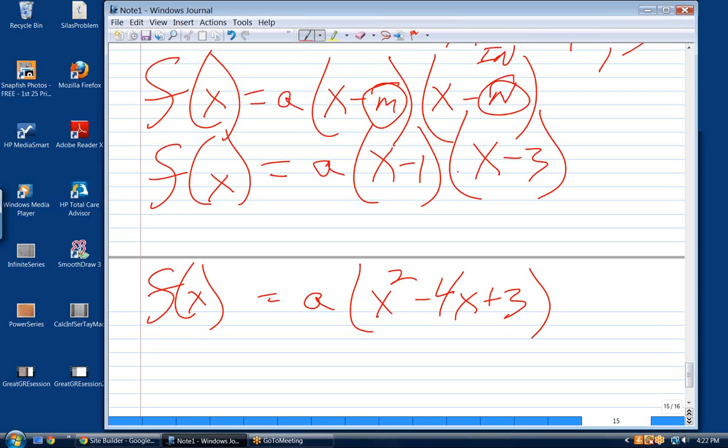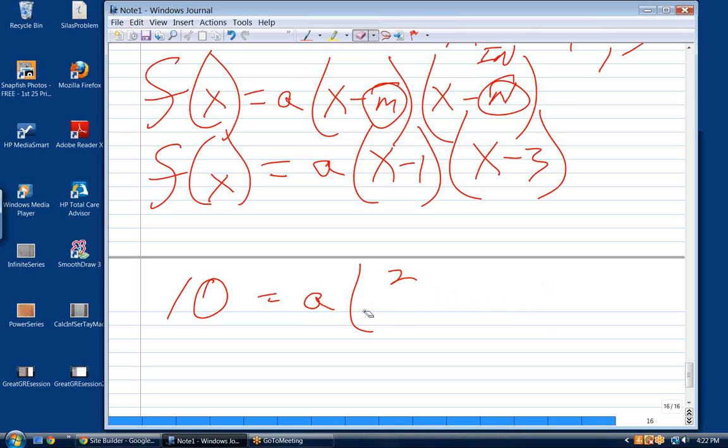So if the line of symmetry is 2, that means I can plug in 2 for x and plug in 10 for f of x and solve for a. I'm going to plug in 10 because the y value at that line of symmetry is going to be your minimum, right? Yeah. Okay, so let me unmultiply those together.